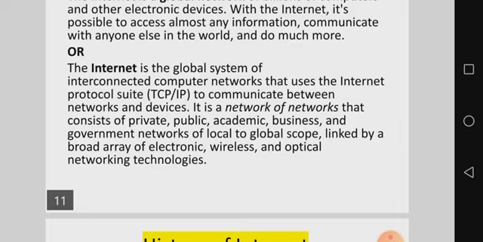So we can simply say that the internet is a network of networks, and these networks can be private, public, academic, business, and government networks.